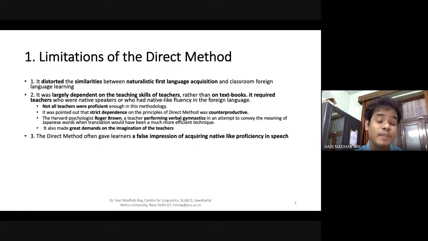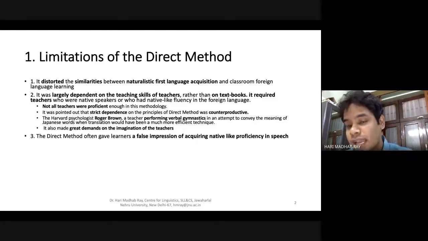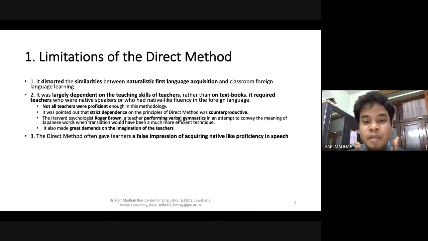It's a kind of false impression, and we understand that because, especially in the second language setting, the science we talked about, especially the maturation of our vocal tract, takes place. So the kind of native-like proficiency gives a false impression. Exactly. Whoever the Americans, if they come to India to learn Hindi or any Indian language for that matter, they cannot speak Hindi or Tamil, Telugu, Bangla the way we speak.